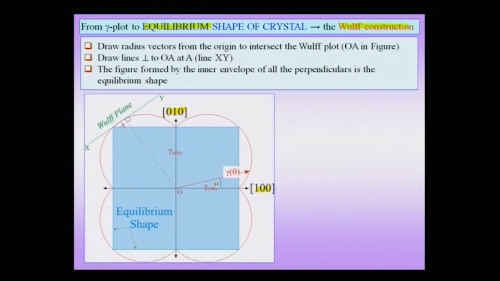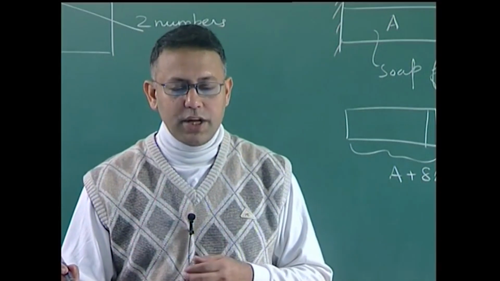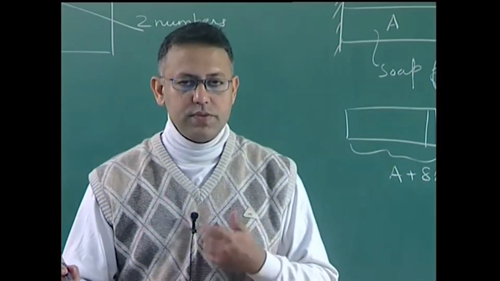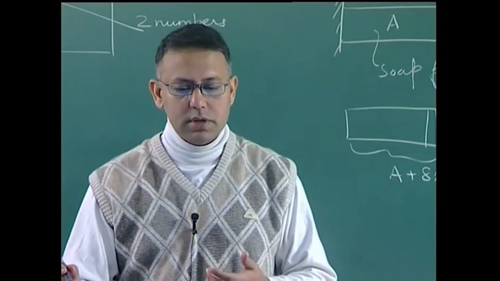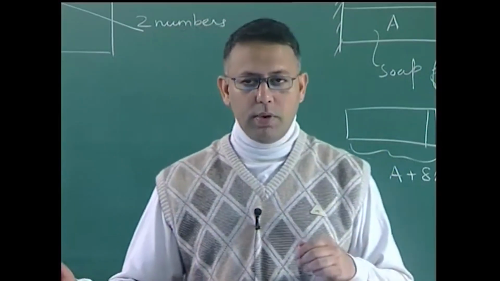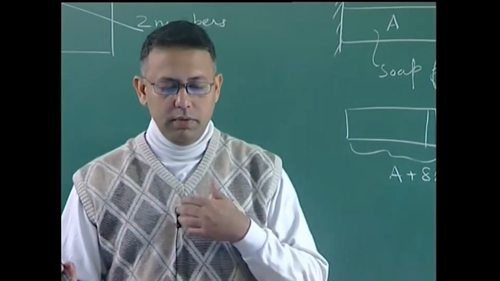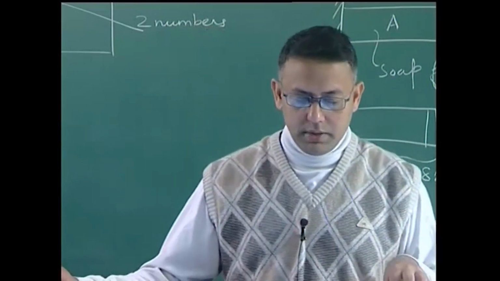To reiterate, the Wulff construction is going to give us the long time stable state of the crystal and not the growth shape of the crystal, because crystals may grow in shapes which are slightly dependent on the kinetics of attachment, etc., and those phases which grow very fast will exhaust themselves. Unlike that, when you are talking about equilibrium shape, it is actually a unique shape which gives the system the low energy state.